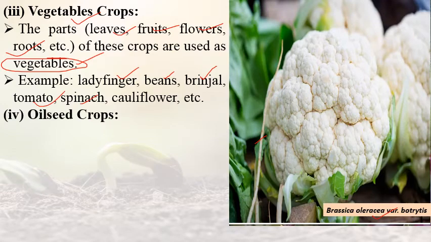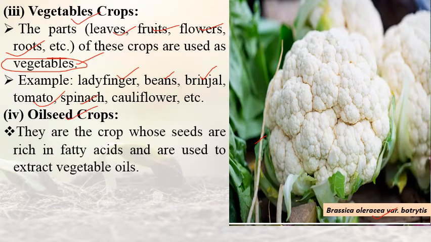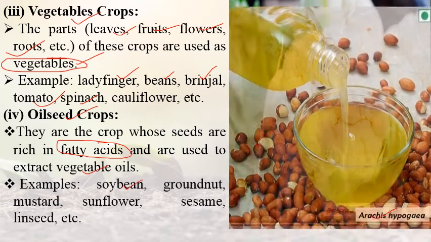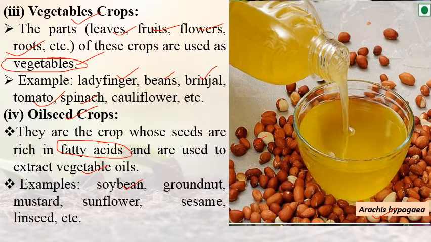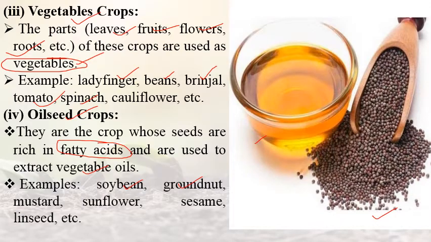Next we have oilseed crops. Their seeds are rich in lipids. So these are the crops whose seeds are rich in fatty acids and are used to extract vegetable oils. For example, we have soybean, and we have groundnut oil that we can see in this photograph, and the botanical name of groundnut is Arachis hypogea. Then we have mustard, that is Brassica campestris.